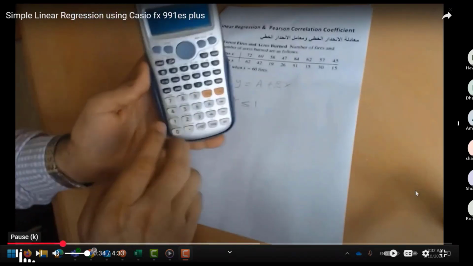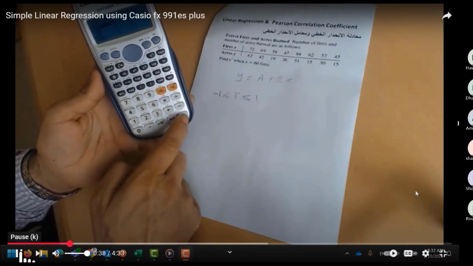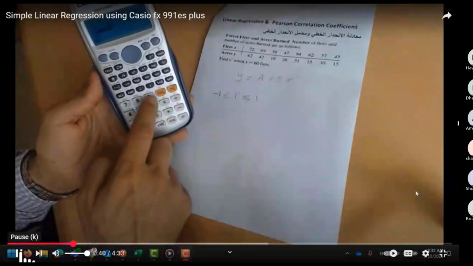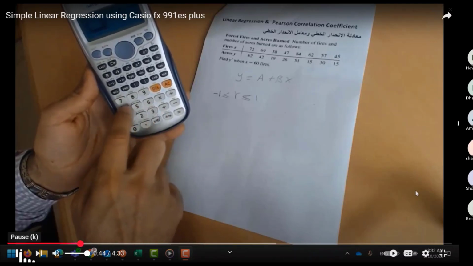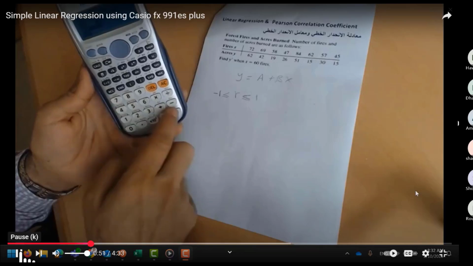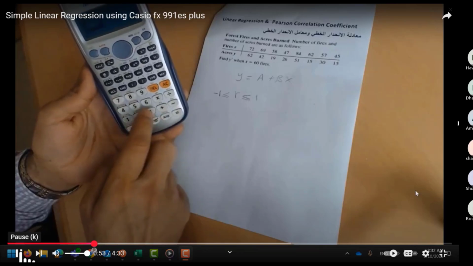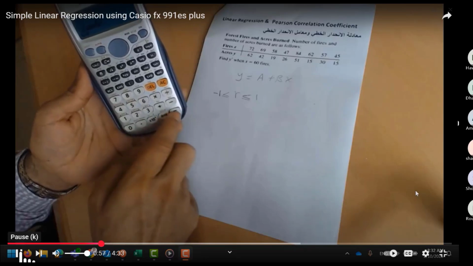Now you have 2 columns, X and Y. Sometimes you have a frequency column; you can deactivate it by shift and mode, go down for stat number 4 and make the frequency off. Now I am inputting the values for X, the first one 72, and press equal, and then the next one press equal, the third one.